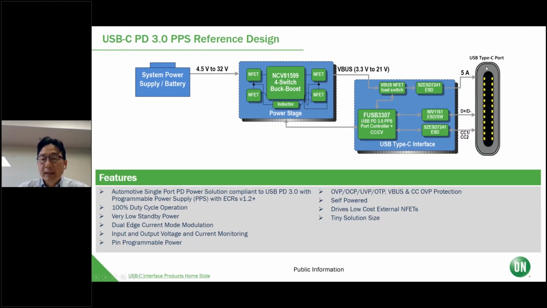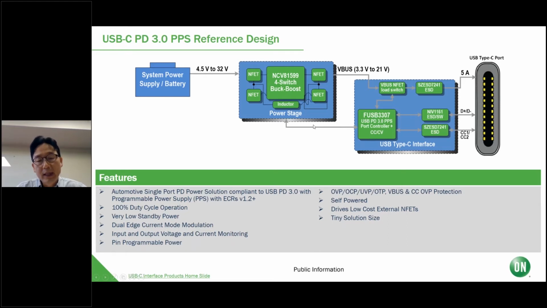With the Type-C connector, the sink device is detected over CC1 and CC2, and if a sink is attached, then VBUS is supplied. The first VBUS is going to be 5 volt according to the USB PD spec. The VBUS voltage is controlled by the 3307, and it is fed back to the 81599.